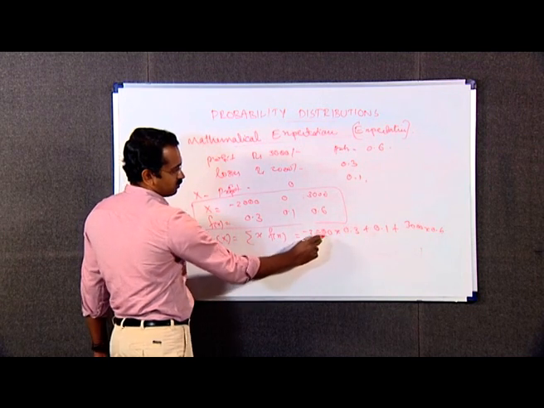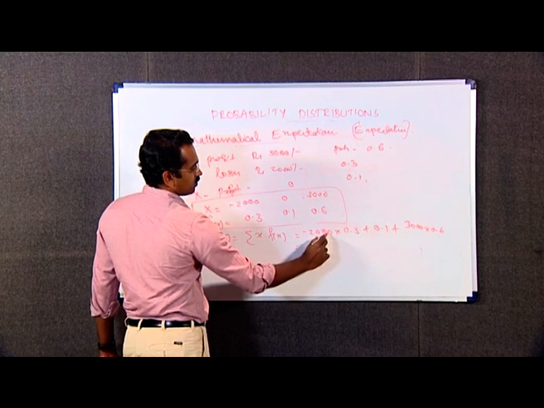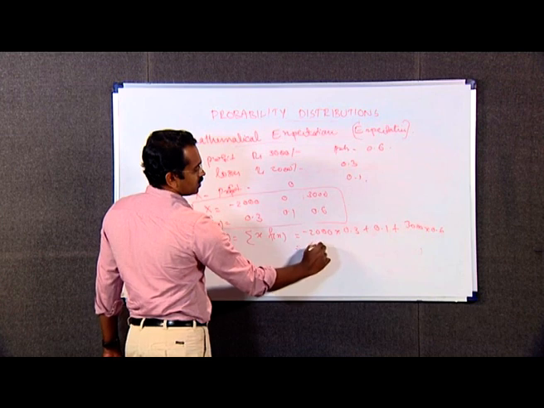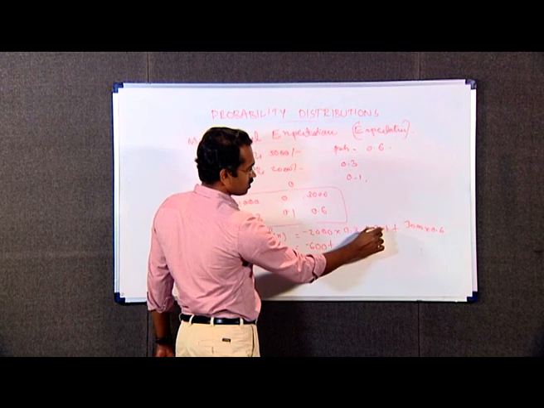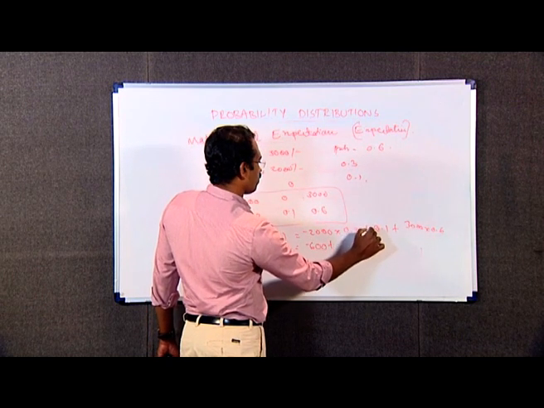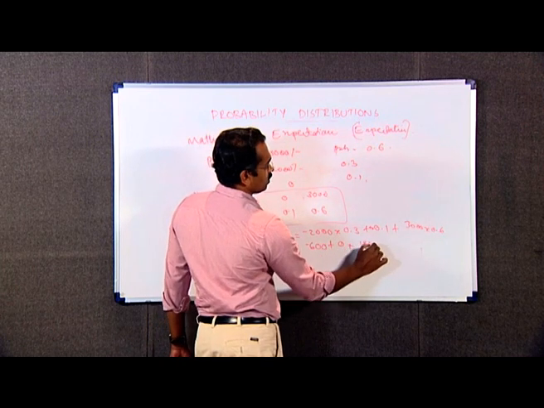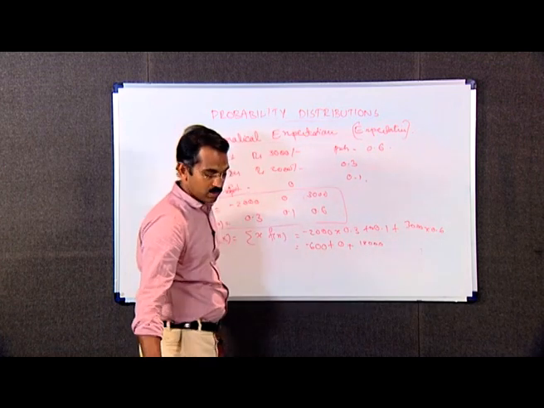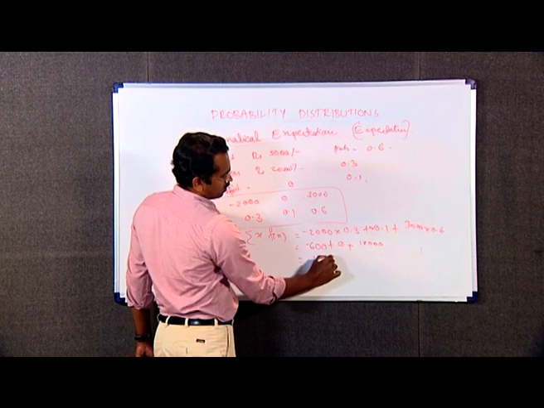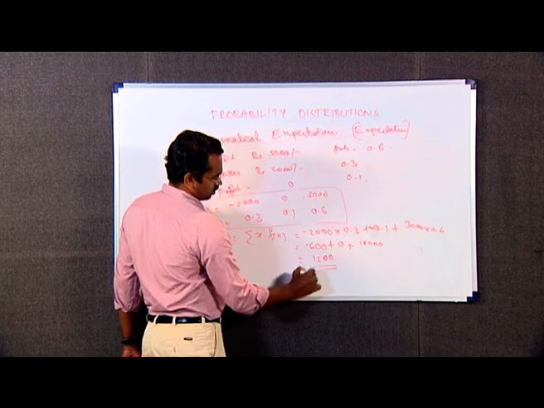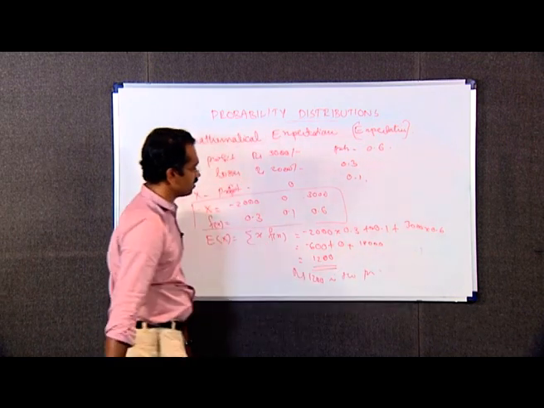On simplification, 3 into 2 is 6, so minus 600 plus 0 into 0.1 which is 0, plus 1800, that is equal to 1200 rupees. 1200 is the expected profit in his business.